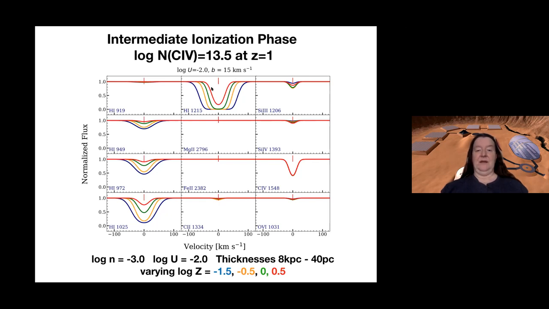And so this rounded bit of the profile, we're going to see that that's necessary to explain certain observational data. The thicknesses of these structures can be significantly larger, particularly, of course, if we have a high ionization parameter, but they can also, for very high metallicity, be very small. And so there's a whole range of things out there producing potentially carbon-4 absorption as well in this intermediate ionization phase.